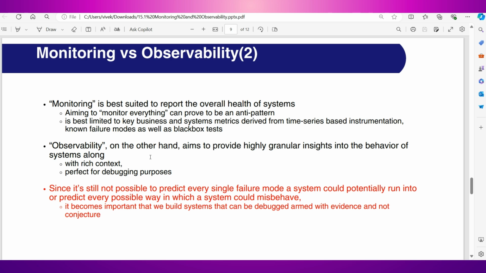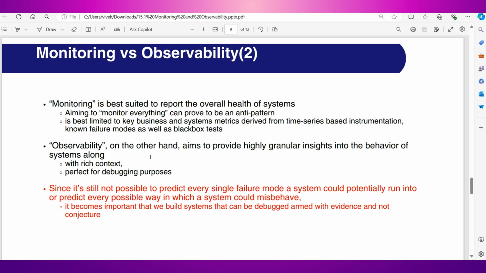Building a monitorable system means designing it in a way that makes it easy to monitor and manage, helping identify potential failures and address them proactively. It's like designing a car with sensors that alert you when the tire pressure is low or when the oil needs changing.